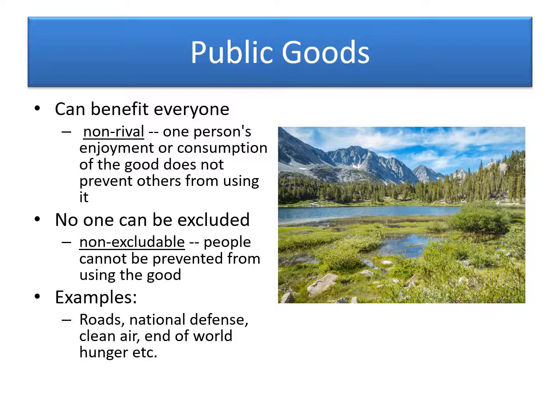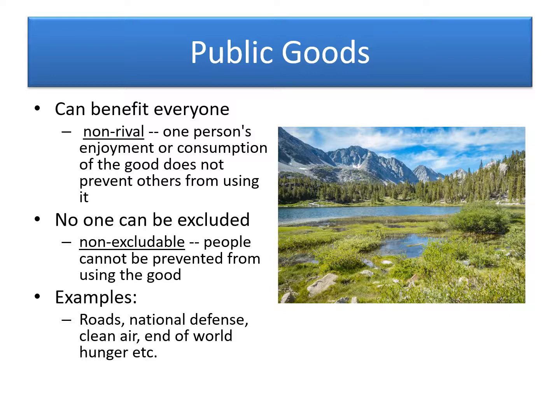A public good has a certain set of characteristics. Economists are the people who define and discuss public goods, and we share with political economists an understanding of what a public good is. A public good is something that can benefit everyone, in contrast to a private good, which only benefits a particular person or a particular subgroup.